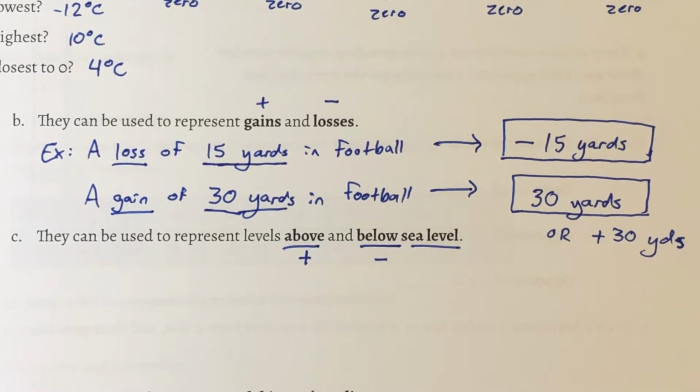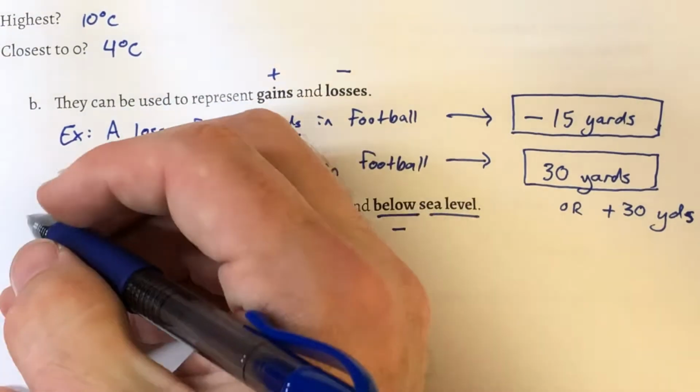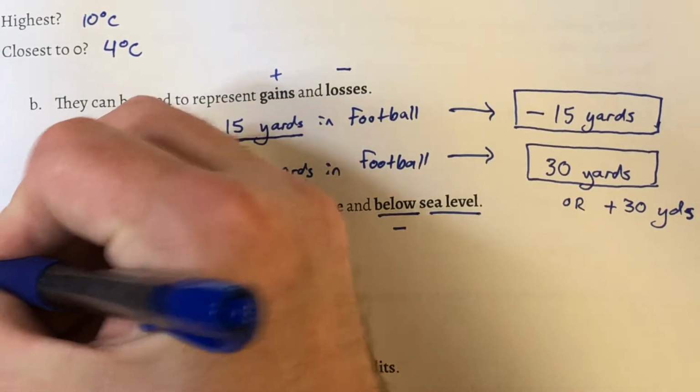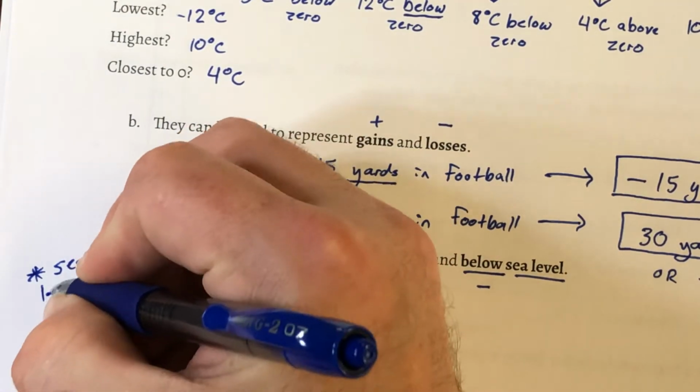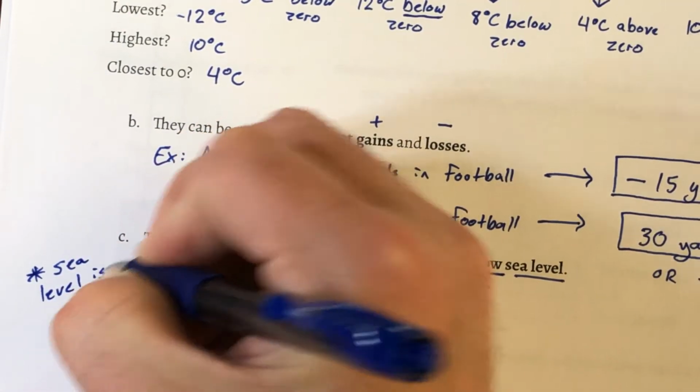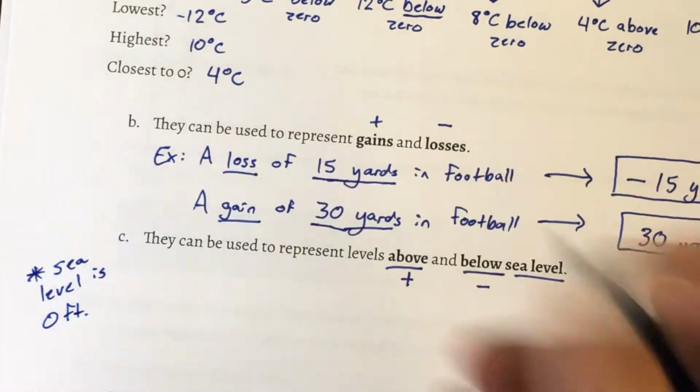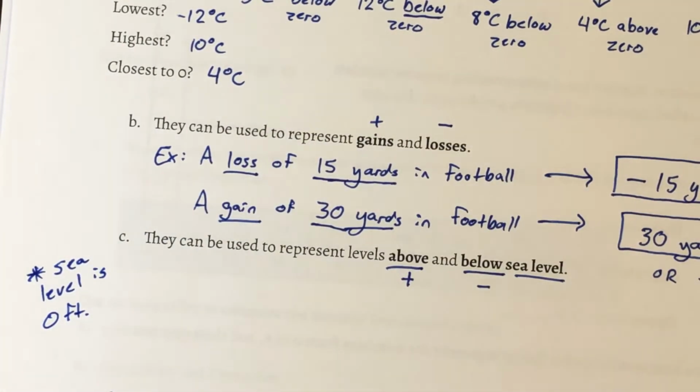So technically you're at 0 feet. You're 0 feet above the ocean. You're 0 feet below the ocean. So sea level is usually referred to as 0 feet. And you're either going to be so many feet above the sea level or so many feet below.